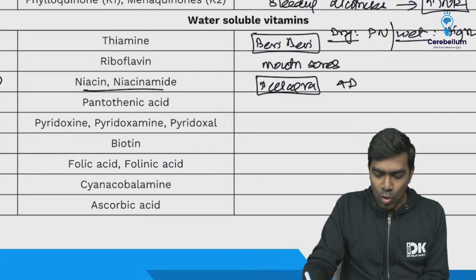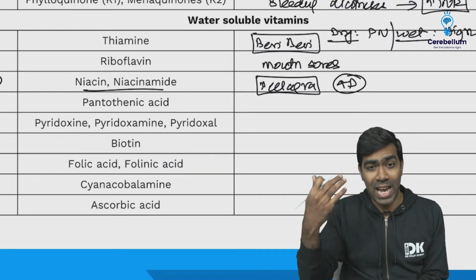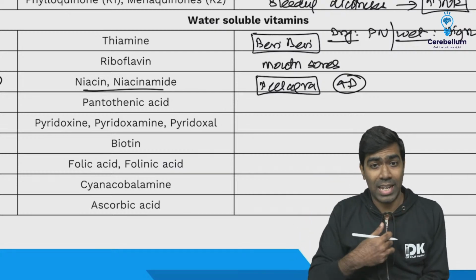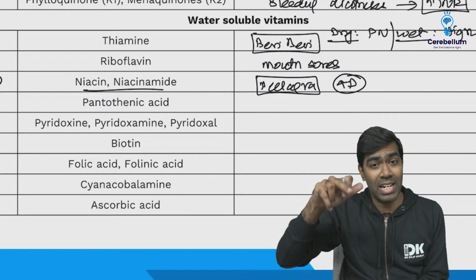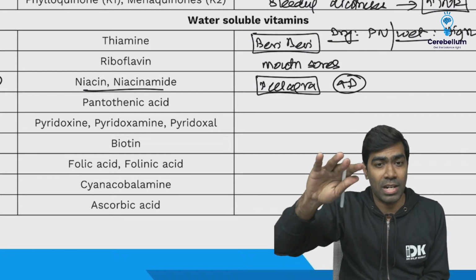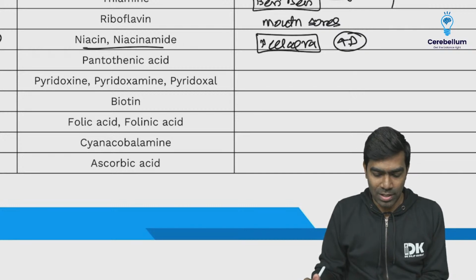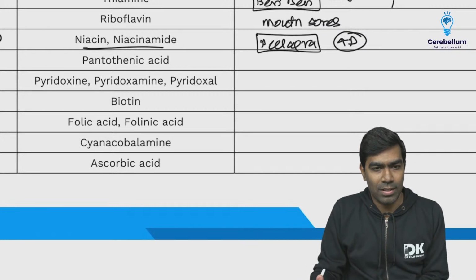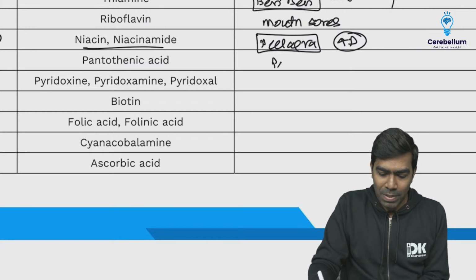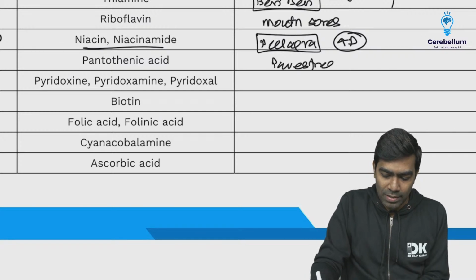Pellagra is also called 4D disease. You know what is 4D disease? They produce diarrhea, dermatitis, that Casal's necklace appearance, dementia, death. That is pellagra, B3 deficiency, niacin deficiency. And what about B5? Pantothenic acid deficiency will produce paresthesias only, nothing more than that.